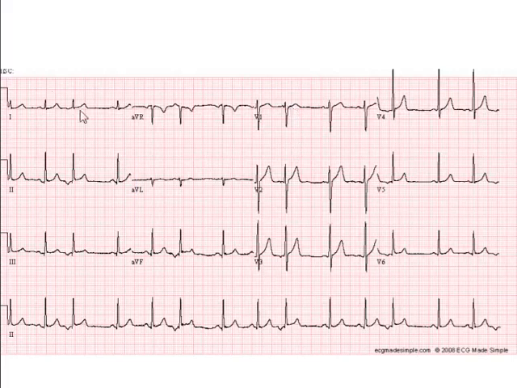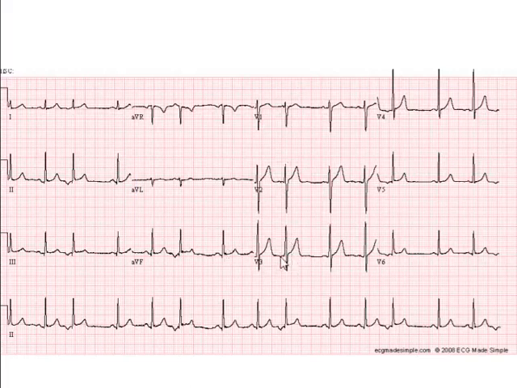The voltage of the QRS complex in the limb leads and in the precordial leads is normal, suggesting that there is no evidence of left or right ventricular hypertrophy. Here, there is no evidence of any abnormal Q waves, and there is normal R wave progression in leads V1 to V3, suggesting no evidence of infarction.